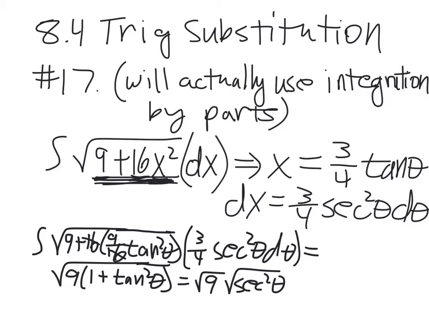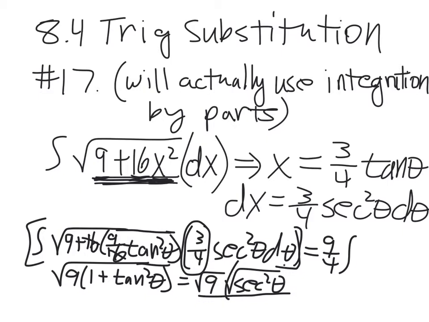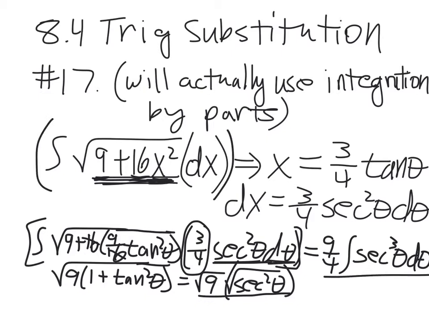And so all together, simplifying this, we would end up with 3 times 3/4, or a 9/4, times the integral of secant theta times another secant squared theta, which would give us secant cubed theta, and then the d theta. So by doing this trig substitution, this whole thing turns into this. Questions so far?